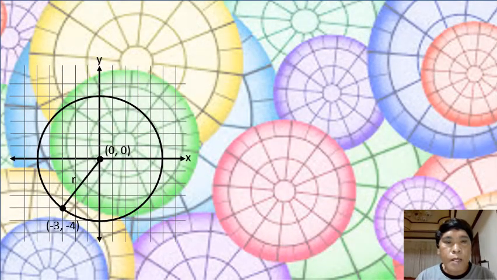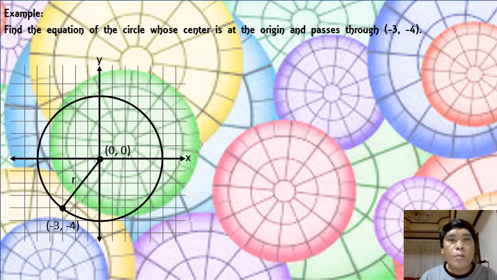Okay, let's have another example. Find the equation of the circle whose center is at the origin and passes through -3, -4. So here, the length of the radius is not given, but it passes at point -3, -4.